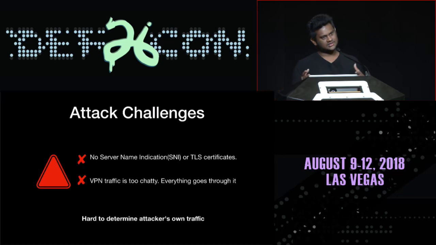The number one challenge that I found, compared to most other compression oracle style attacks, is actually detecting the packet that you sent. Unlike attacking a TLS channel, where the attacker has the luxury of the SNI, or server name indication, or even the public certificate of the server.